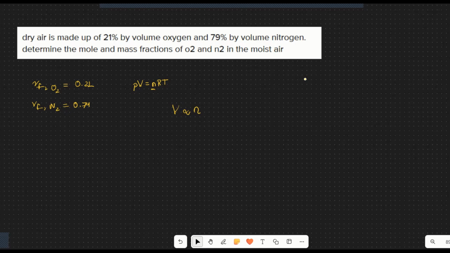That allows us to establish that the molar fraction is equivalent to the volume fraction. In other words, the molar fraction of A is equal to the volume fraction of the same component.